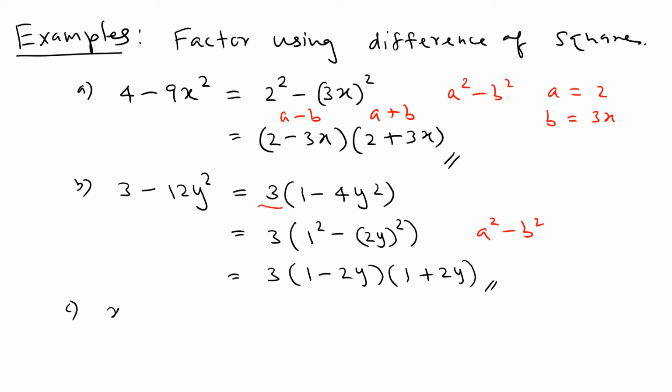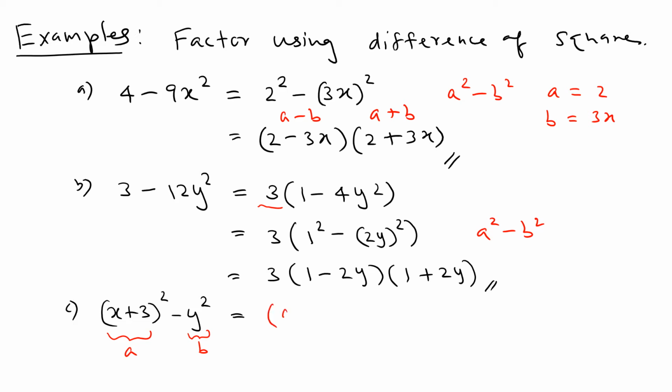How about (x + 3)² − y²? This is very clear what a and b are. a equals x + 3, b equals y.